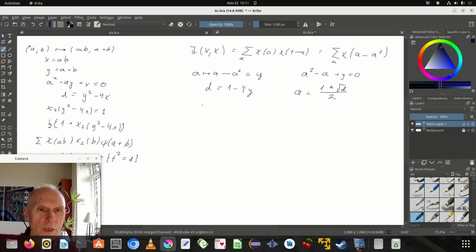Well, let's see what we can do. So we'll sum over the values of this with their multiplicity. And the multiplicity must be exactly as before.